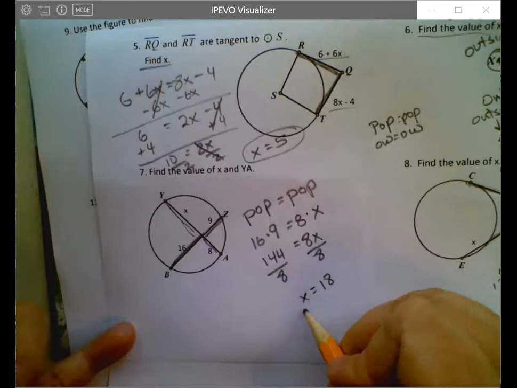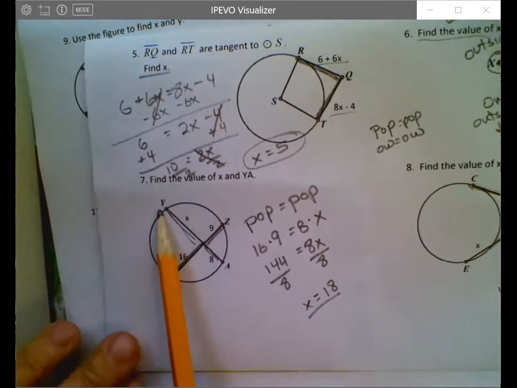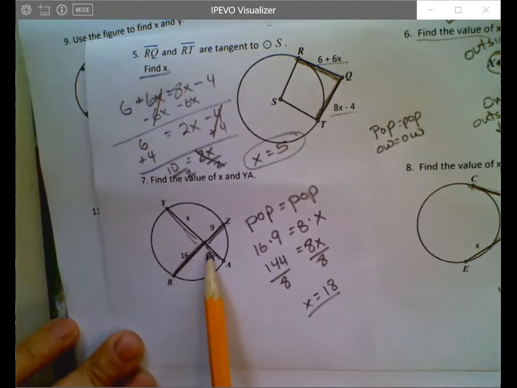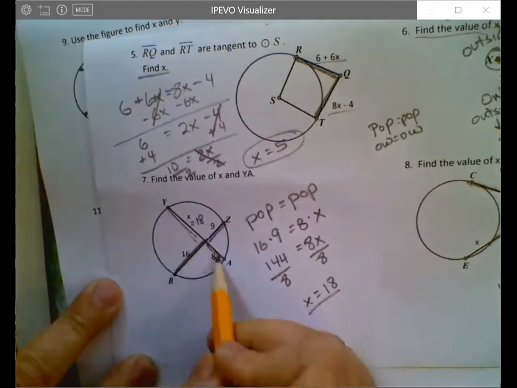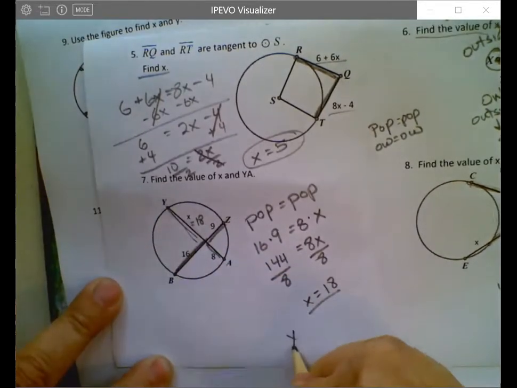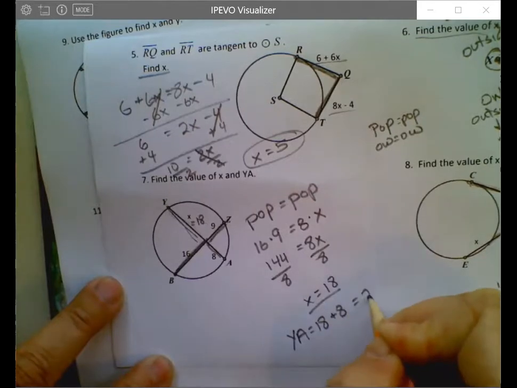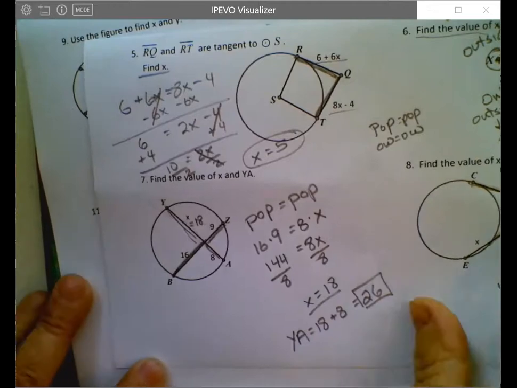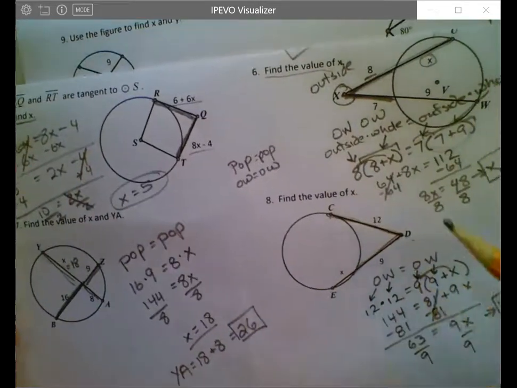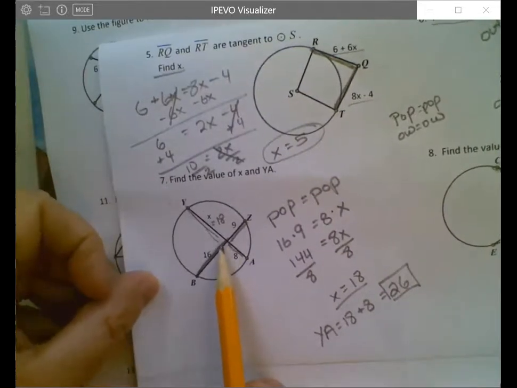Now, it does say to find the value of x, but then it also says to find the length of YA. So if x now is 18, that means that the entire length YA is 18 plus 8, which is 26. All right, so we have ow, ow, if the angle is outside, pop, pop, if the angle is inside.